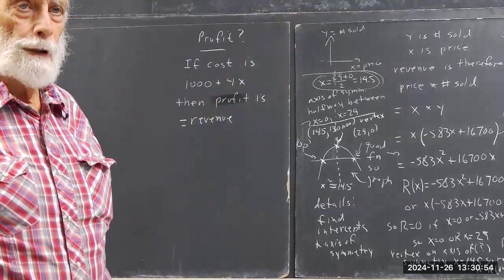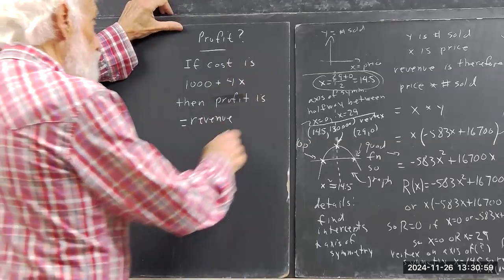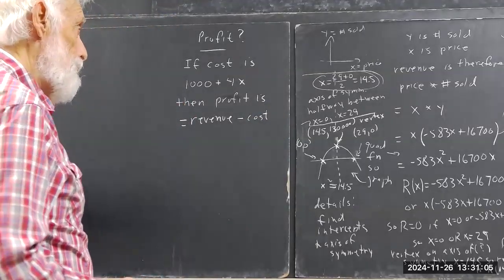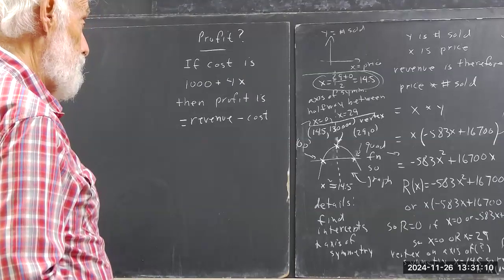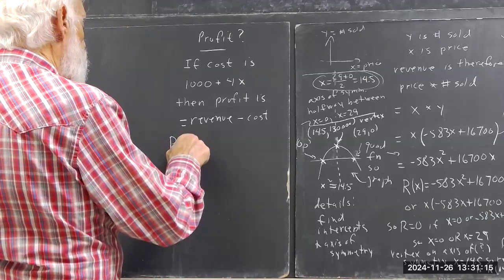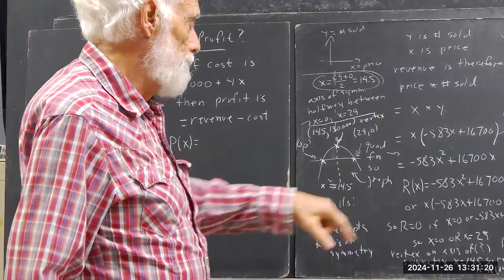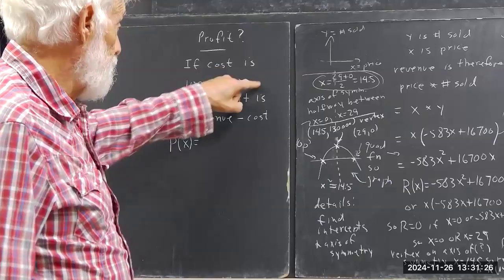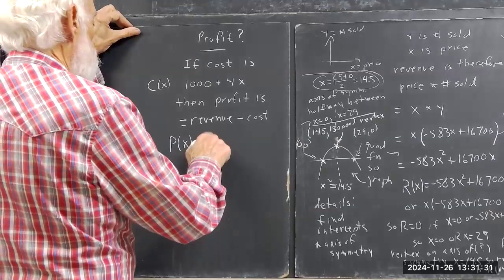That's that $130,000 that we get, or 128,000, whatever it is. Profit is a function of x. I'm sorry, the revenue is a function of x. And the cost I just gave you is a function of x. Let's call that C of x.